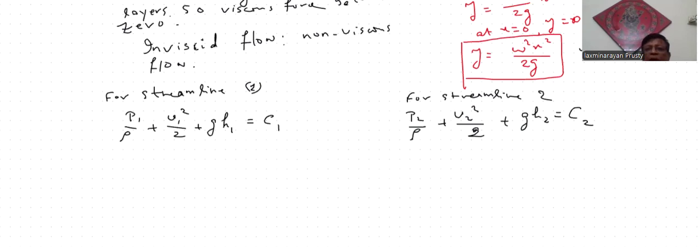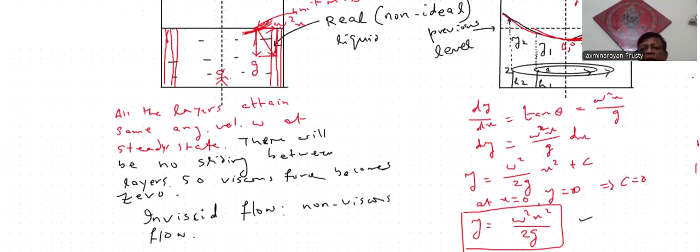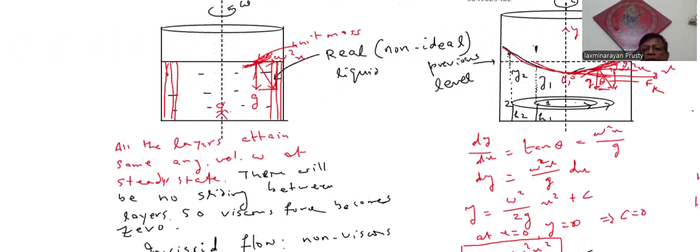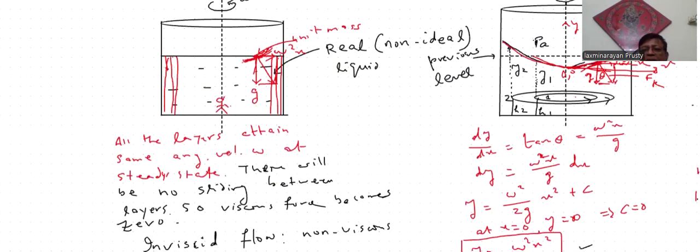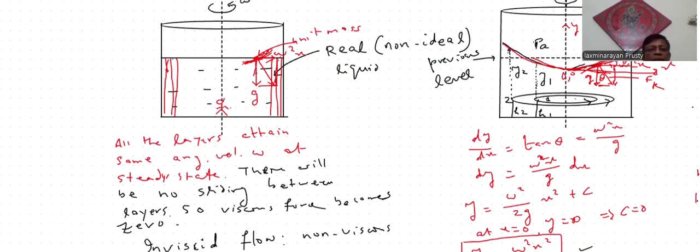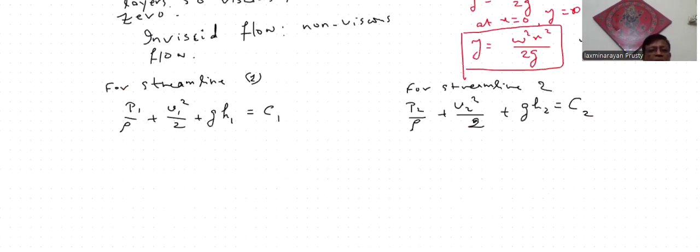Now P1. What is P1 here? P atmospheric. This is PA plus rho G Y1. And Y2 is greater than Y1 because it's a parabola and the surface is rising towards the radius of the container. Yes or no? So P1 is PA plus rho G Y1.